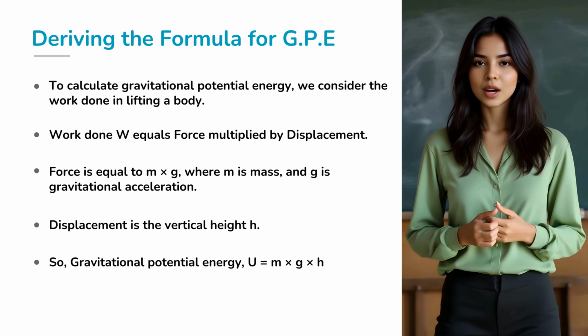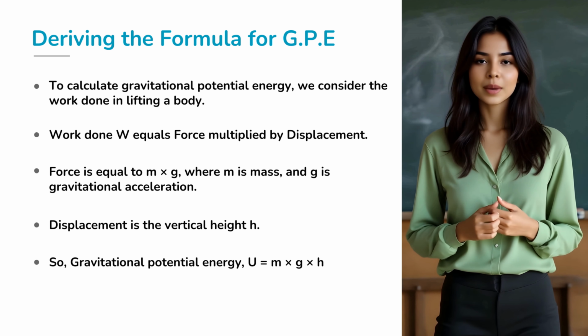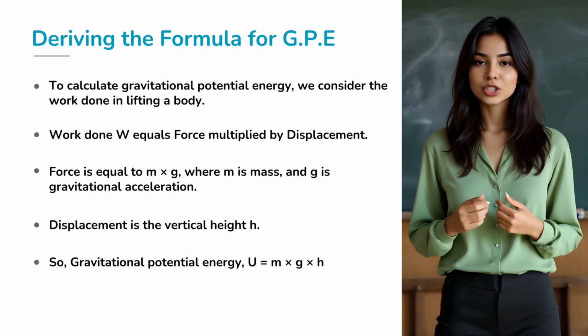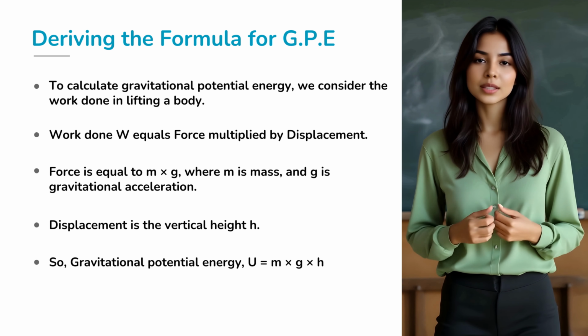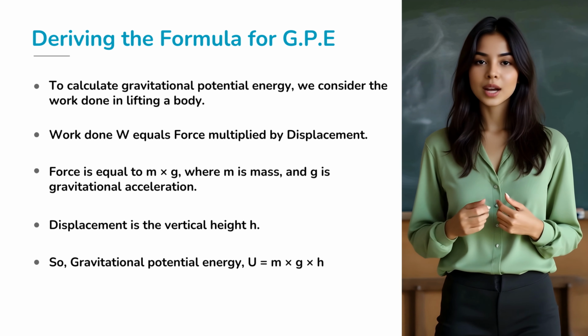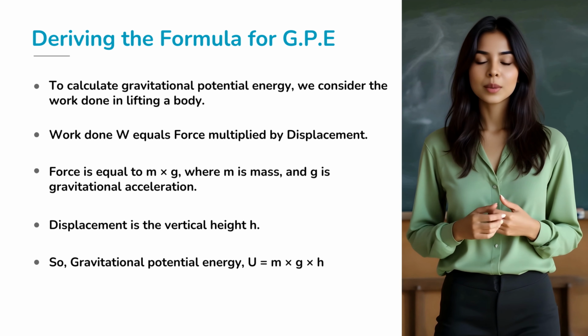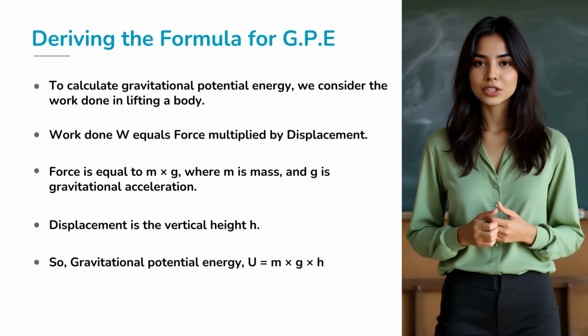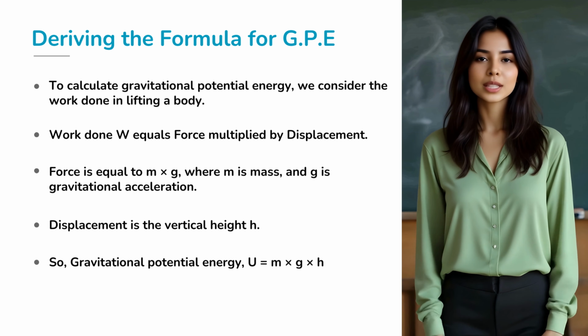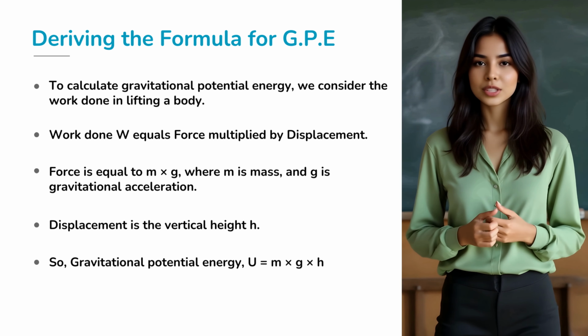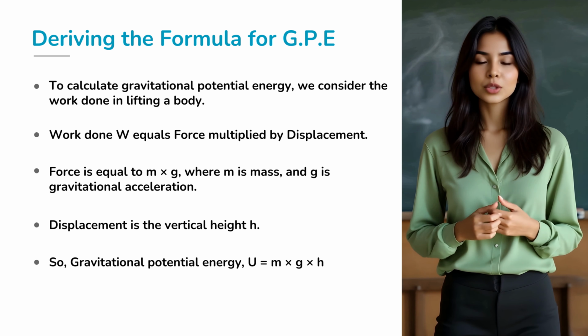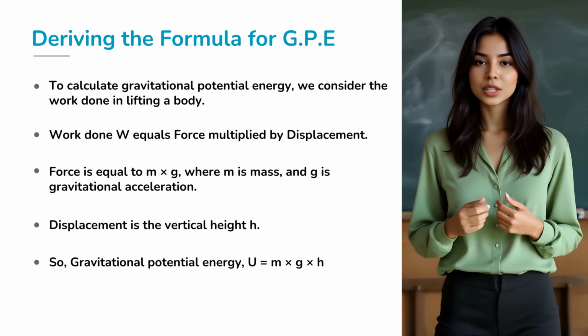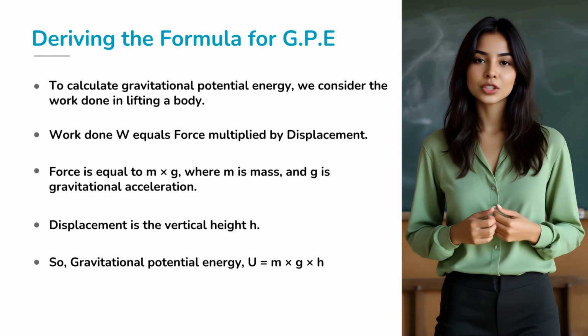It's the weight of the object, which is calculated as mass multiplied by gravitational acceleration, or m times g. The displacement in this case is the vertical height the object is lifted, denoted by h. So when we substitute these into the work formula, we get gravitational potential energy, U, equals m multiplied by g multiplied by h.